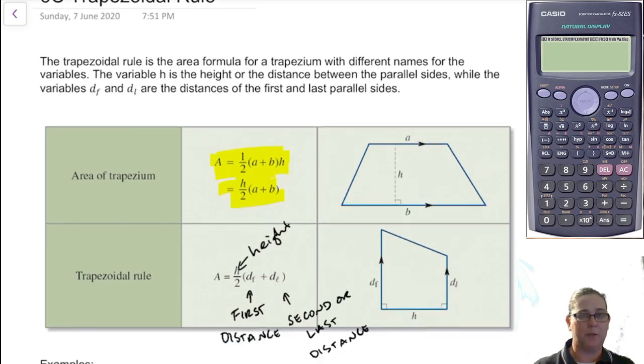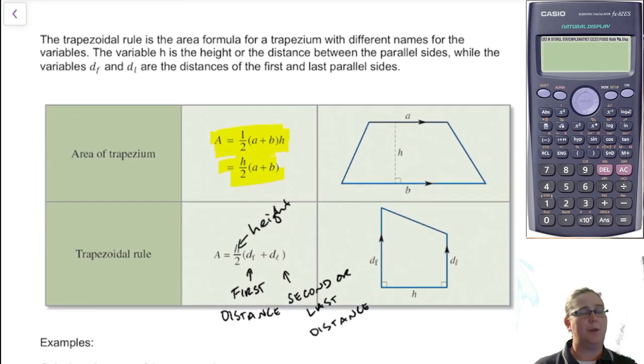So we have height, or perpendicular height, because it should be at right angles to what you're using. And then we have the first distance instead of a, and the last distance instead of b. So it's the same basic principle, but instead of using a and b, we're using DF and DL.